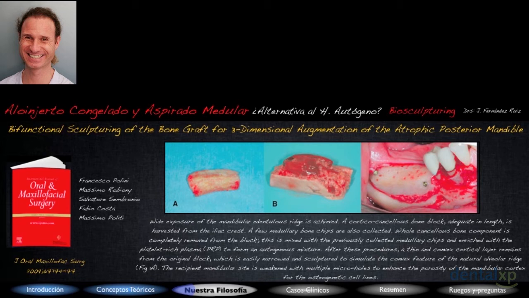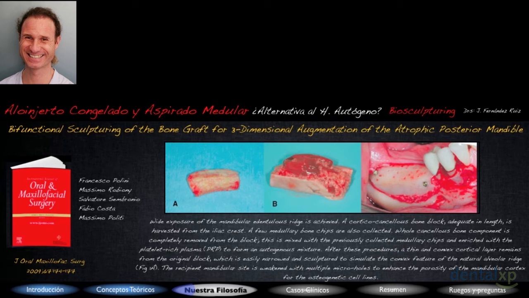Now this will be mixed with previously collected medullary chips and enriched with the platelet, the PRP, to form an autogenous mixture. After these procedures, a thin convex cortical layer remains from the original block, which is easily narrowed and sculptured to simulate the convex feature of the natural alveolar ridge.